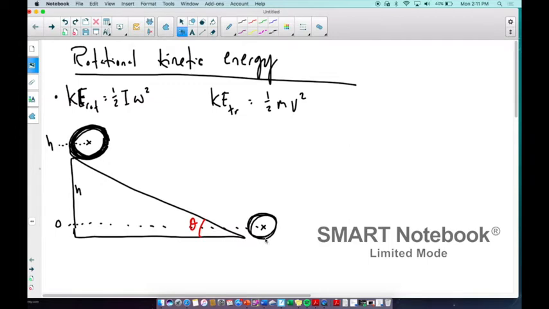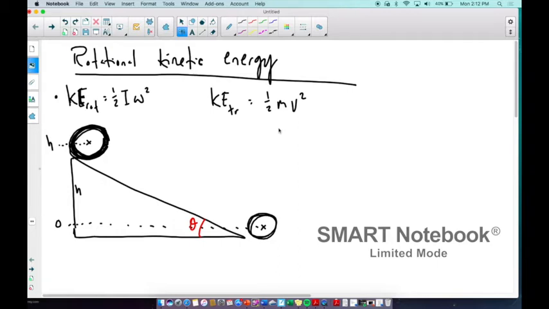So all I've done is I've just shifted my zero line up that amount. The difference here is still a height h, so it really truly does not matter. It won't affect my calculations, but it is something that is going to be good for us to think about. Where are we defining the height from? I like to do it from the center of mass of the object.